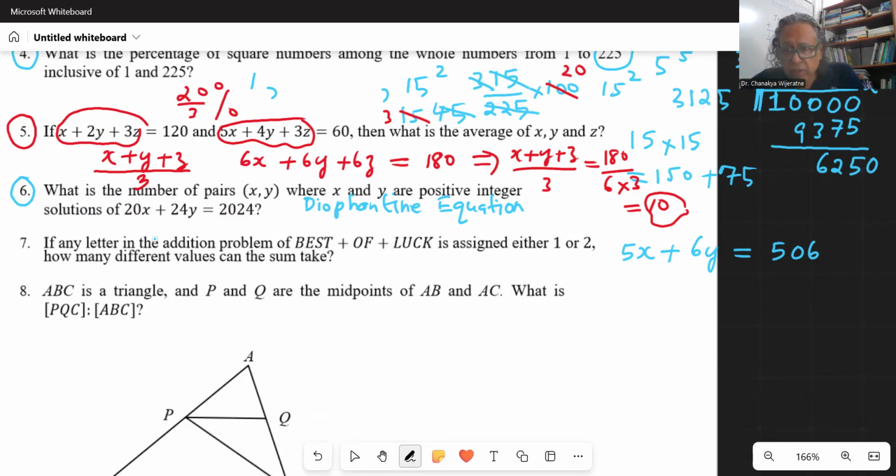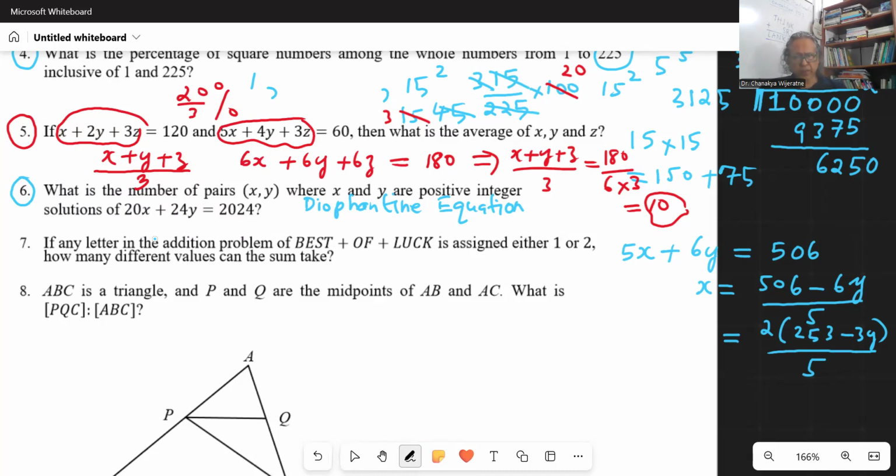Then I'm going to solve this for x. So x is 506 minus 6y over 5. Then I'm going to take out 2 from the numerator, and I get 2 times 253 minus 3y over 5.